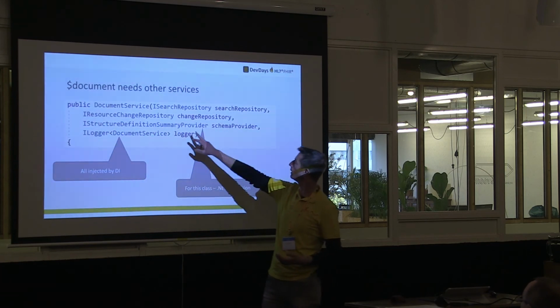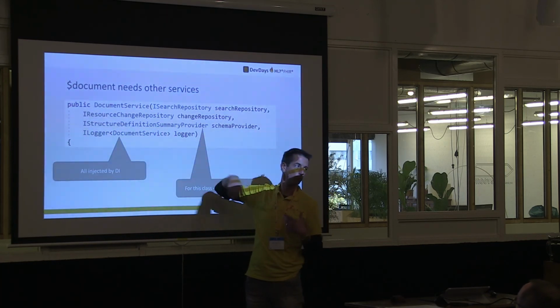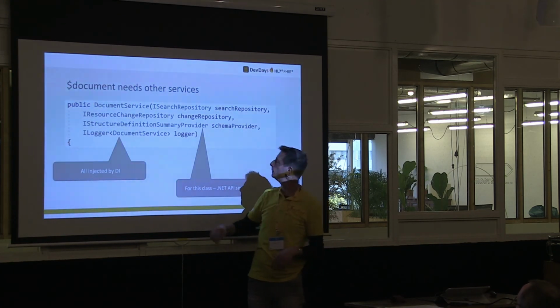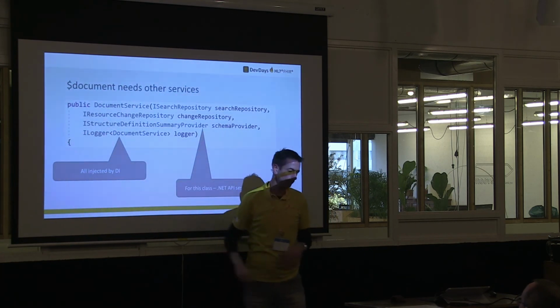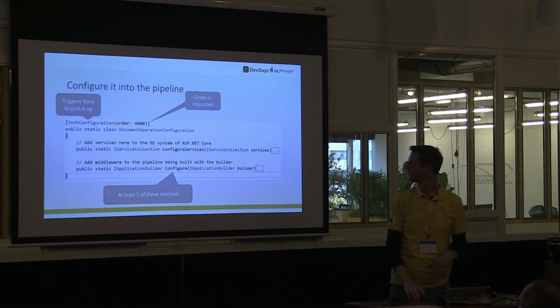This is quite complex if you want to support multiple versions of FHIR. We get out of the POCOs. This is the Firely .NET API, and we need the logger. Another order, 4900, that's way down the pipeline because it's not being called very often.